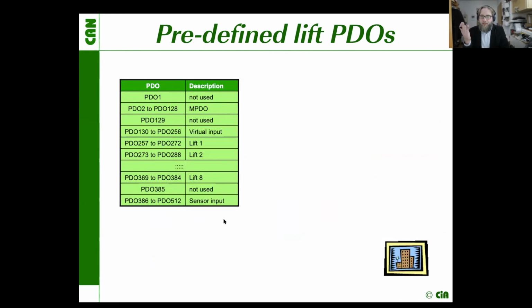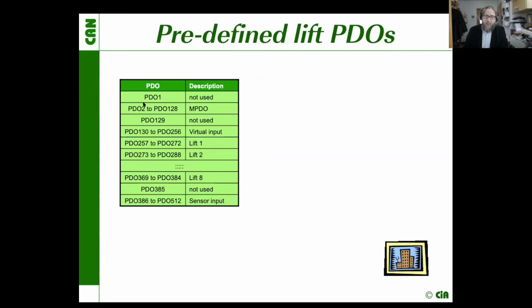And I said the gateway, so one physical device, could represent the complete lift application. So everything needs to fit into one physical device. So it needs to fit into the limitations of CANopen, and that's possible.